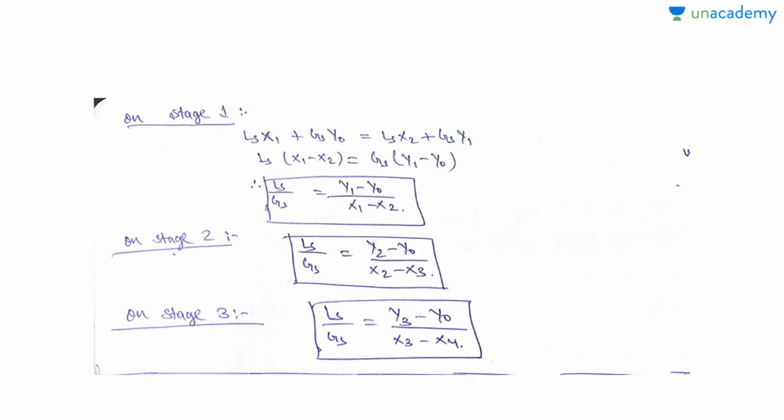So on stage 2 this will be the expression, and on stage 3 this will be the expression. Why am I telling you this? Because in examinations you will always find questions to find the number of stages, or, if there are 2 stages, what the exact composition of the liquid phase or gaseous phase will be. From that point of view, these balances are very important.